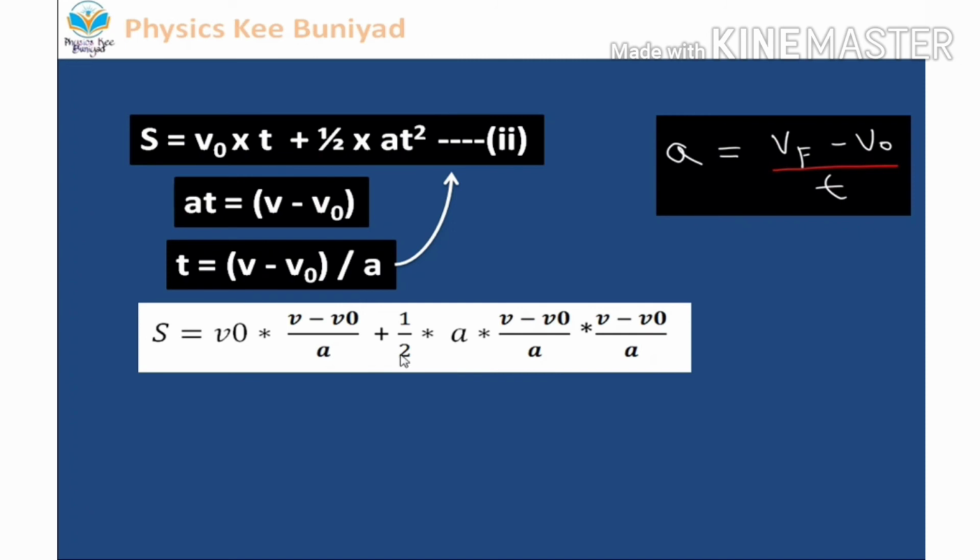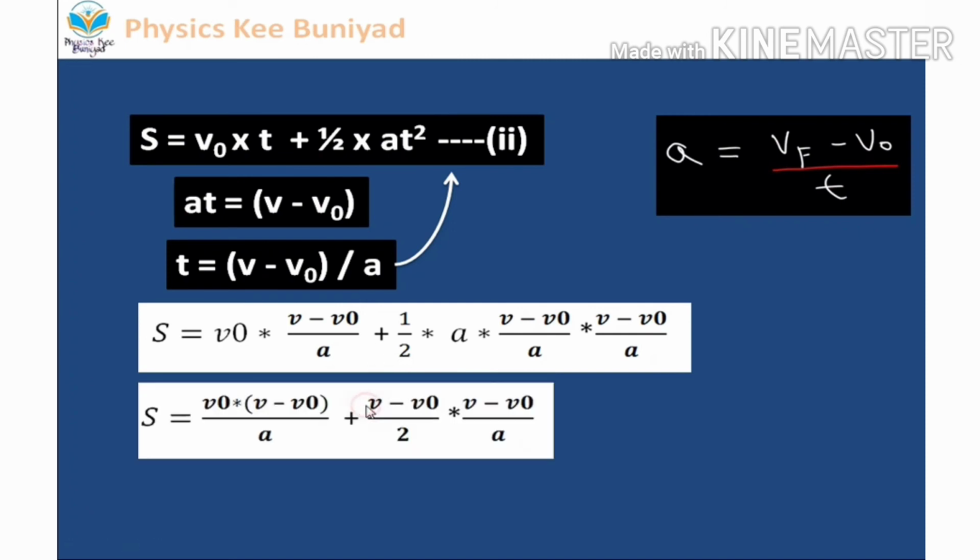Now if we solve this equation again, we will get v0 into (v minus v0) by a. I just multiply a. Here one a will cancel out with one a, and the remaining will be only one a. So at the numerator you will get (v minus v0) into (v minus v0), and at the denominator you will get 2a because one a is cancelled.